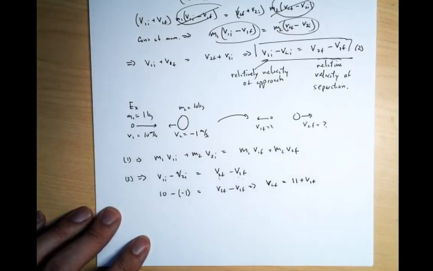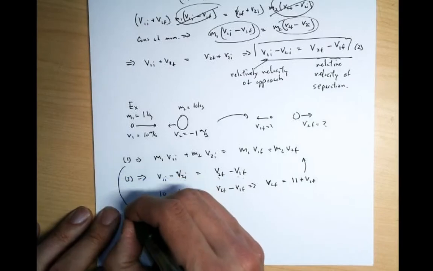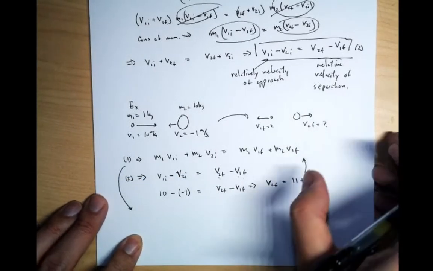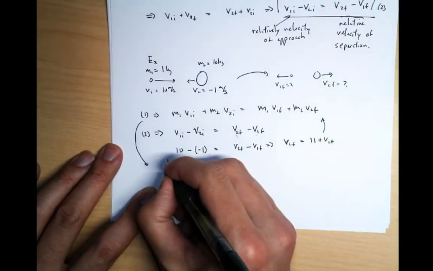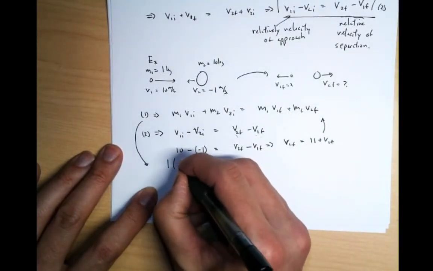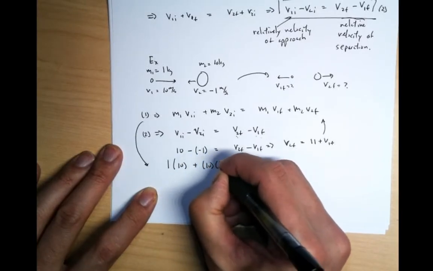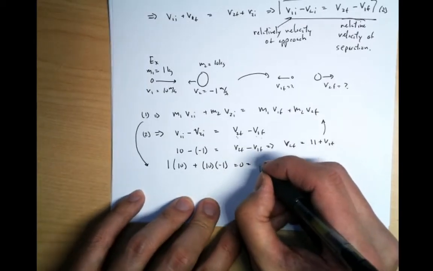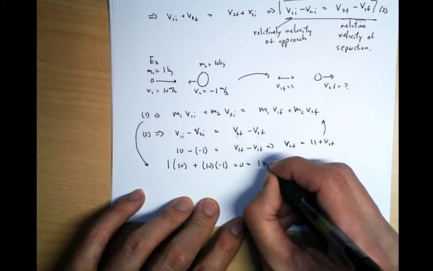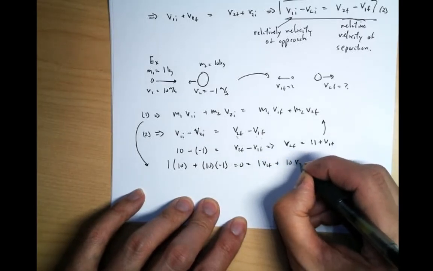Okay, that's the first condition. I'll plug it into equation 1, which now becomes 1 times 10 plus 10 times minus 1, which is equal to 0, equal to 1 times V1F plus 10 times V2F.